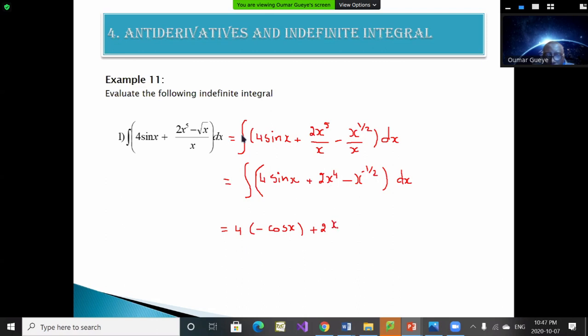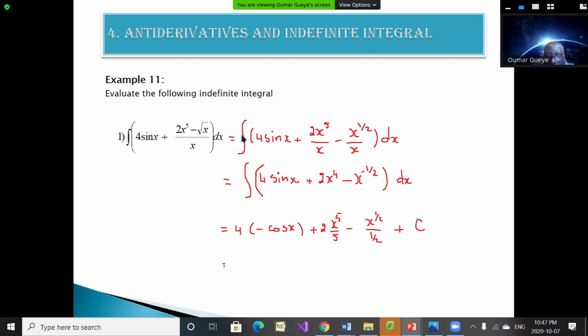We just use the power rule for integrals. It's going to be x to the 4 plus 1, which is 5, divided by 4 plus 1, 5. And minus, we use again the power rule. We get x to the power minus 1 by 2 plus 1, which is 1 by 2, because minus 1 by 2 plus 1 is 1 by 2. And we divide by n plus 1 again. When n equals negative 1 by 2, it's going to be 1 by 2. And plus now the constant c.